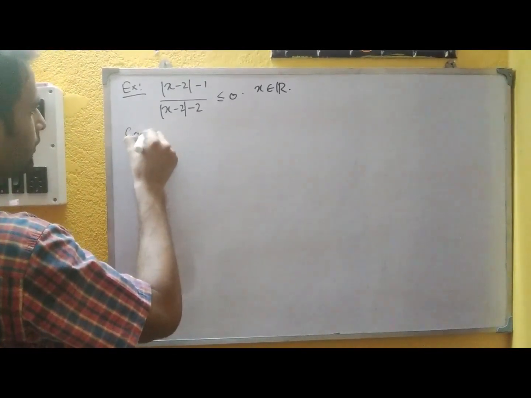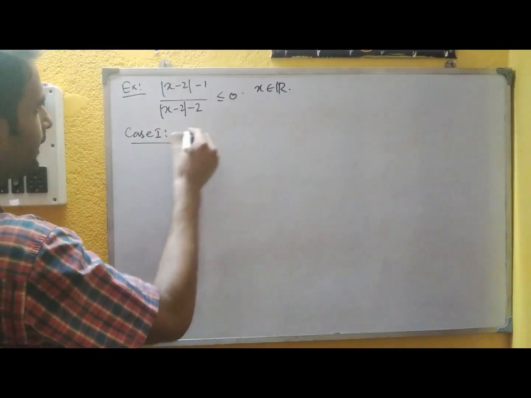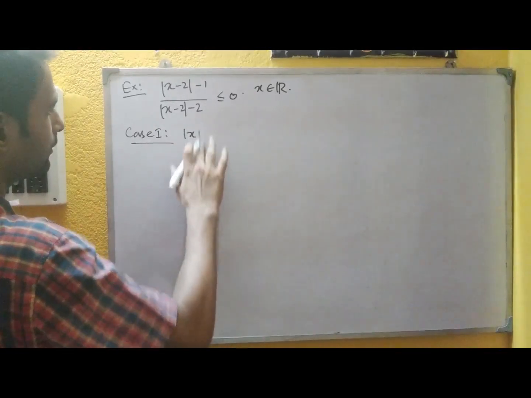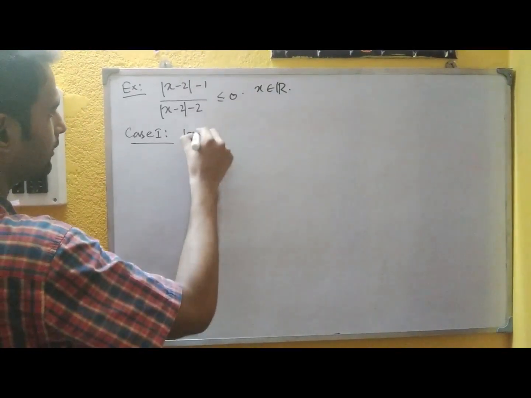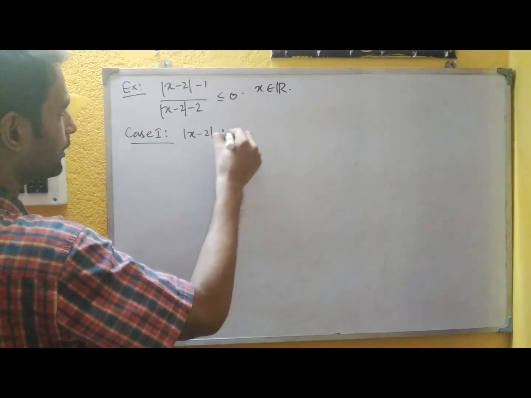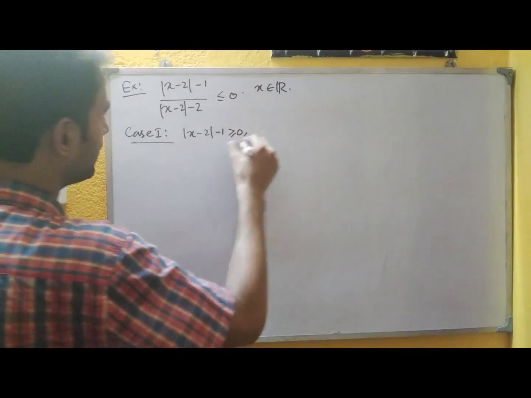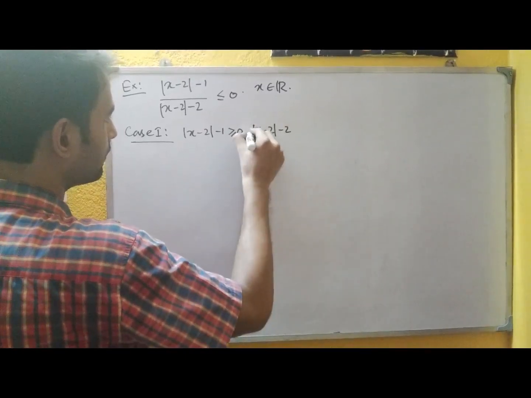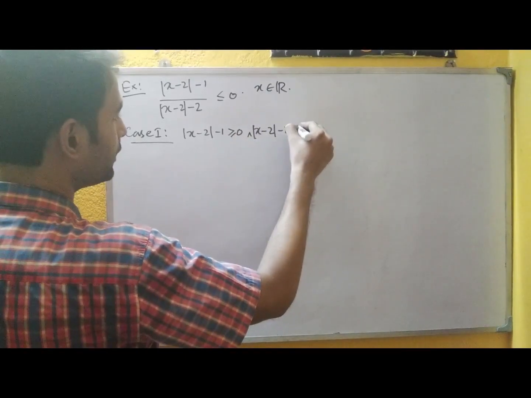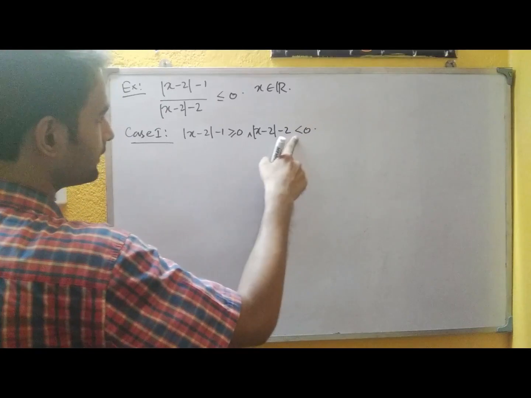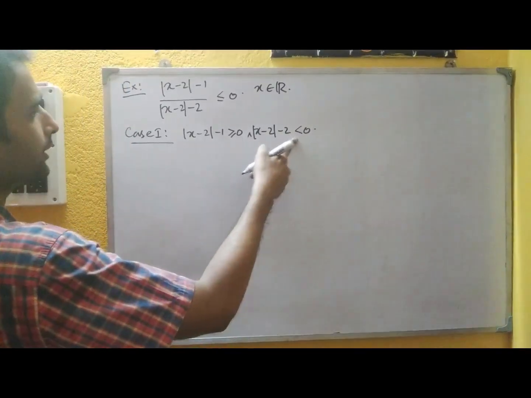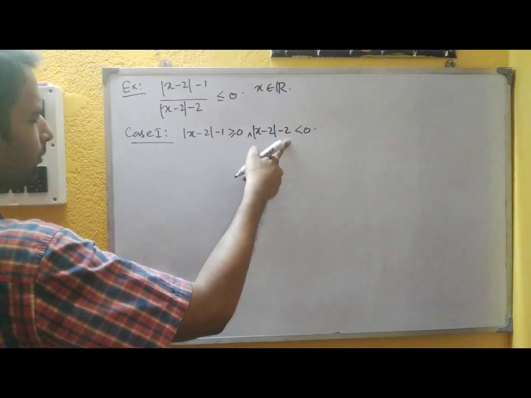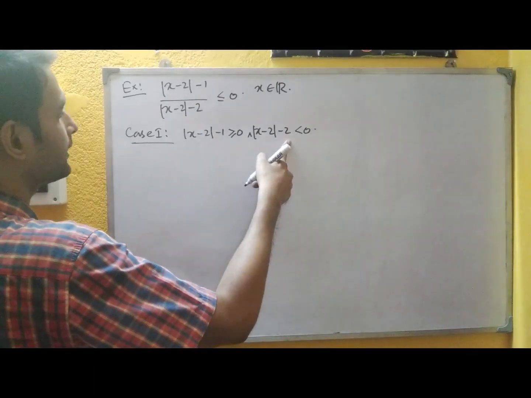So for case 1, we take the numerator, that is mod x minus 2 minus 1 to be positive, and the denominator to be negative. See, there will not be any equality, because if the denominator becomes 0, then the ratio will be undefined.